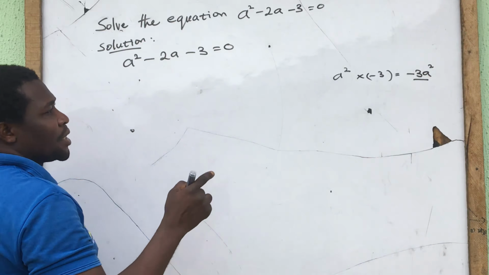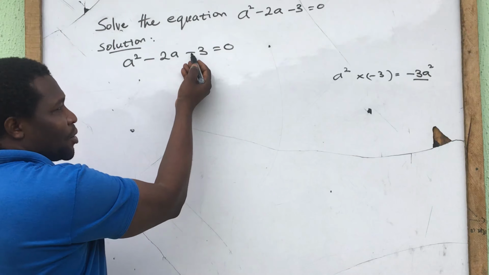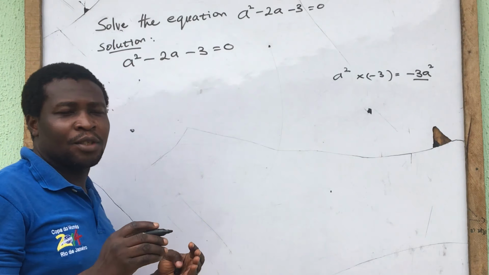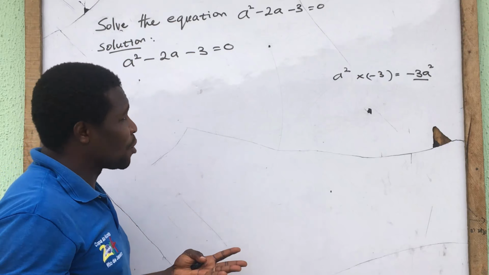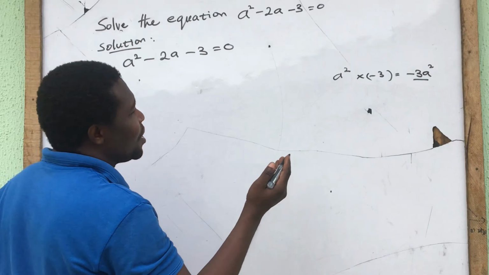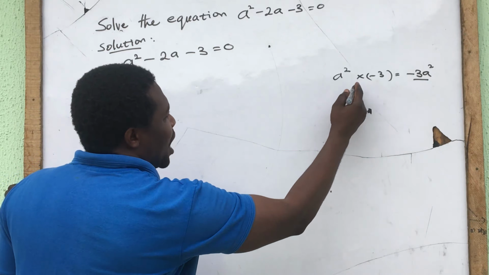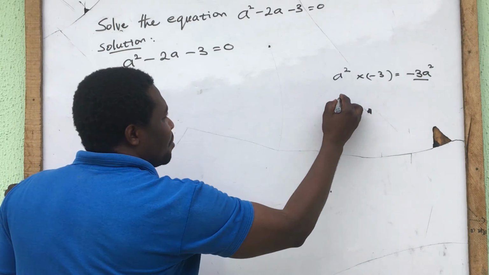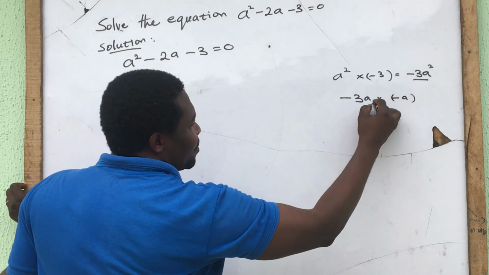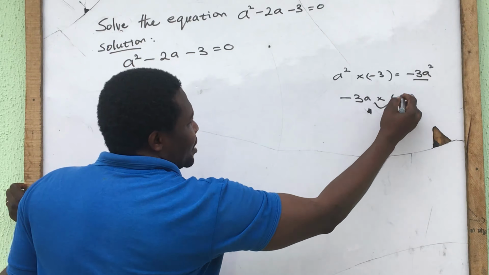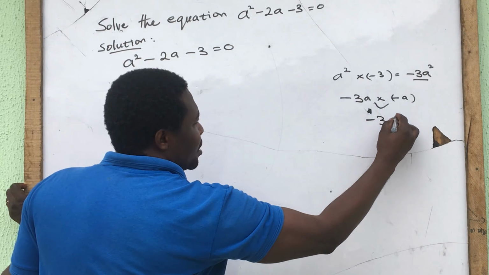With this minus, the signs of the factors are different. One will be minus, one will be plus. So we are going to have minus 3a times plus 1a. If you look at this together, this will give us minus 3a squared.